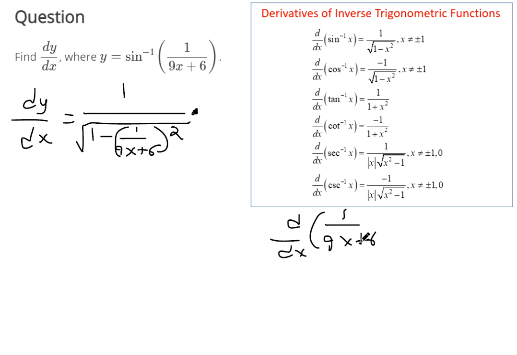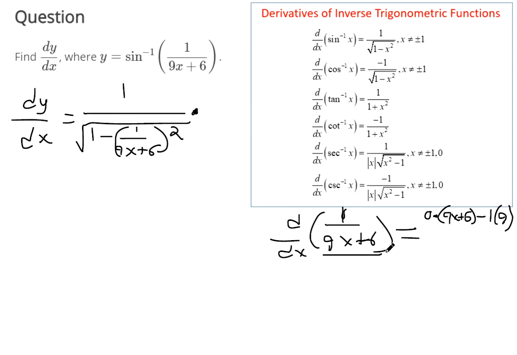To do this, you could use the quotient rule, or you could rewrite it as a power. You could write this as 9x plus 6 to the negative first power. But if we use the quotient rule, it's the derivative of the numerator, so the derivative of a constant, times the denominator function kept the same, subtracted by the original numerator function times the derivative of the denominator function.